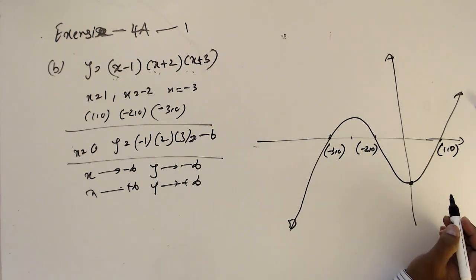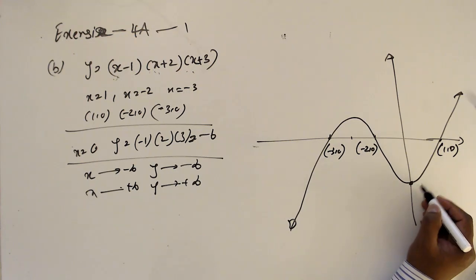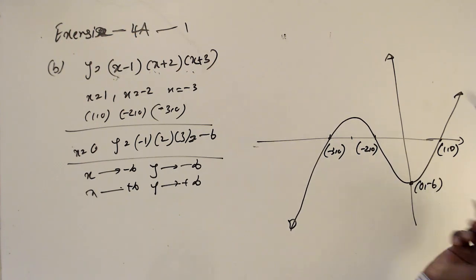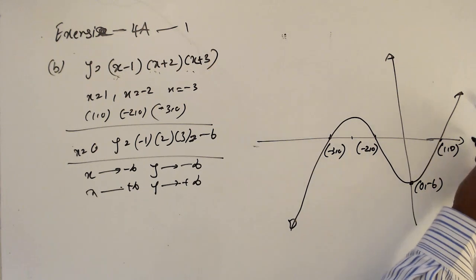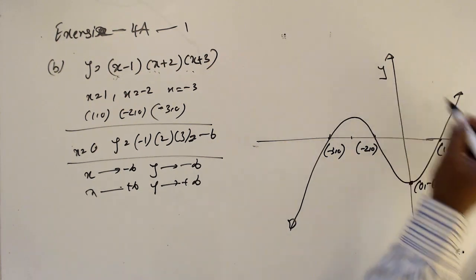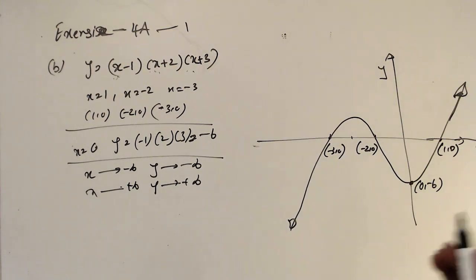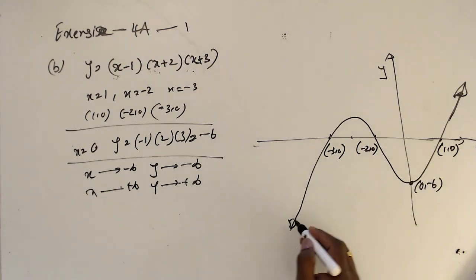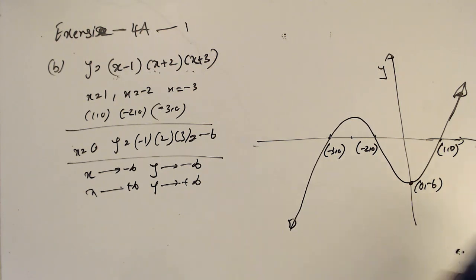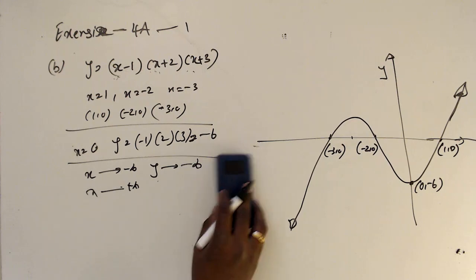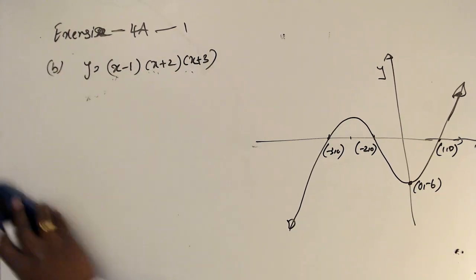And this is (0, -6). And done. This is the y-axis, this is the x-axis. It is going this way to positive infinity for both, and this is negative infinity. Done. But you can't get the marks unless you write it properly.